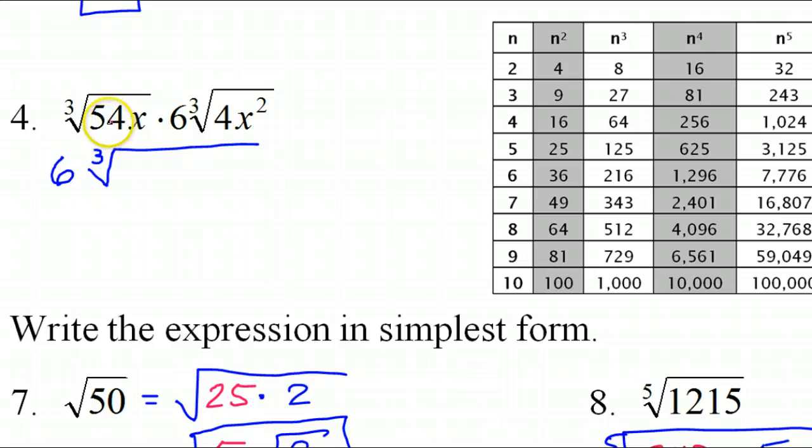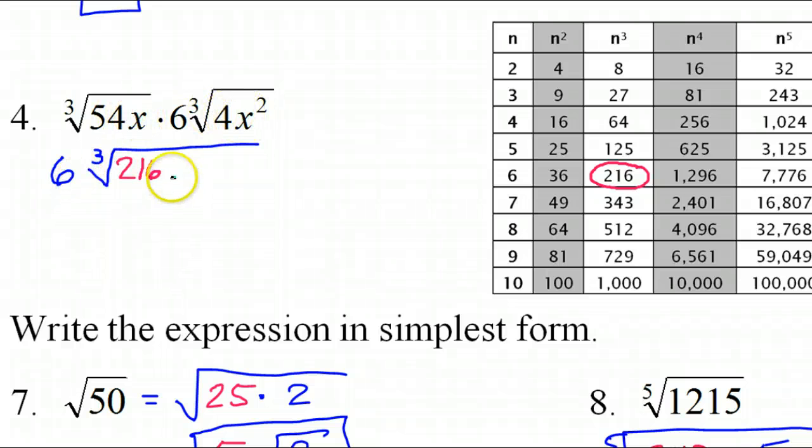So 54 times 4 is 216. Now notice that 216 is right here in the third power column. That's why I'm drawing it as pink, because that will simplify and come outside.